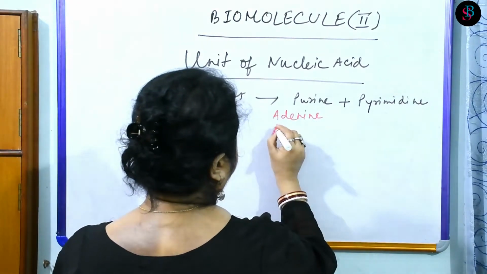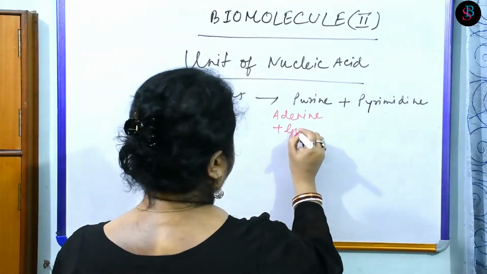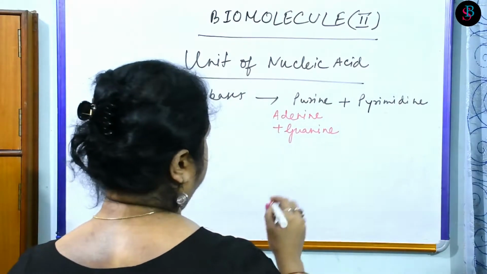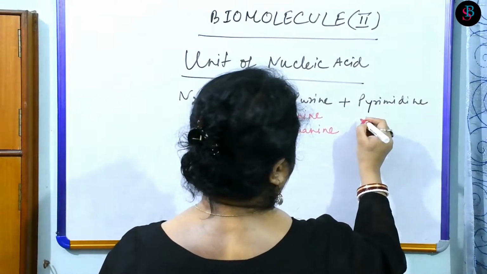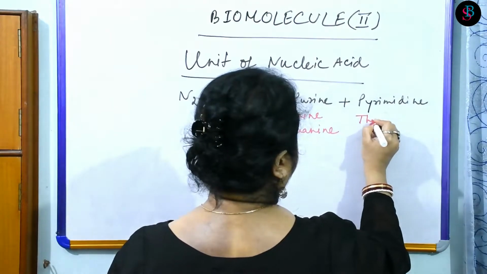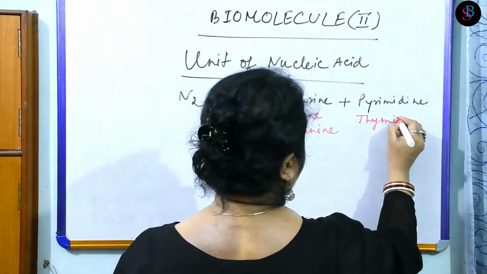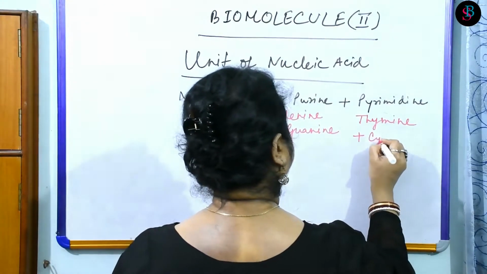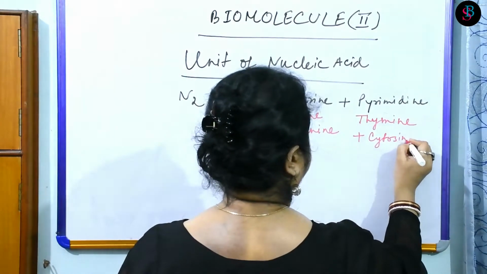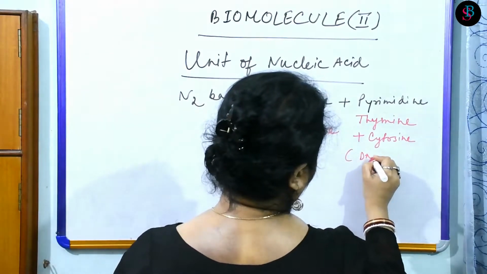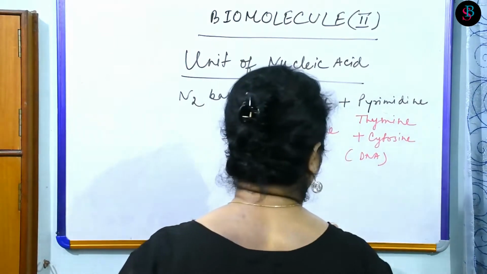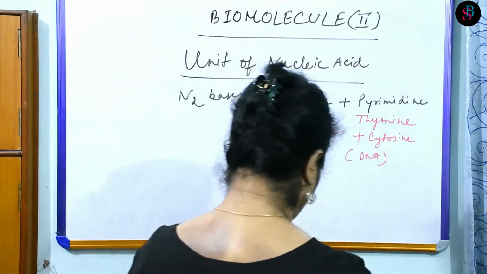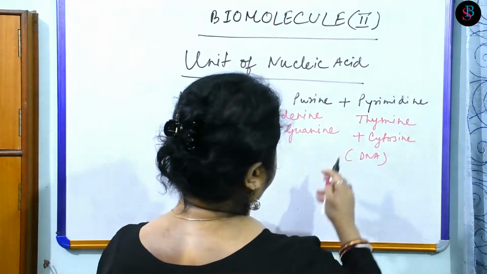Adenine plus guanine, and in case of pyrimidine, thymine plus cytosine in DNA, and in place of thymine, uracil and cytosine in RNA.